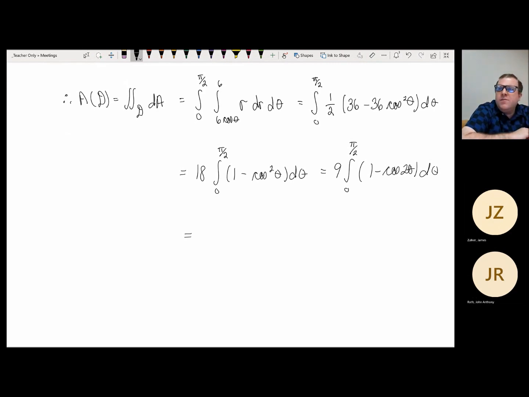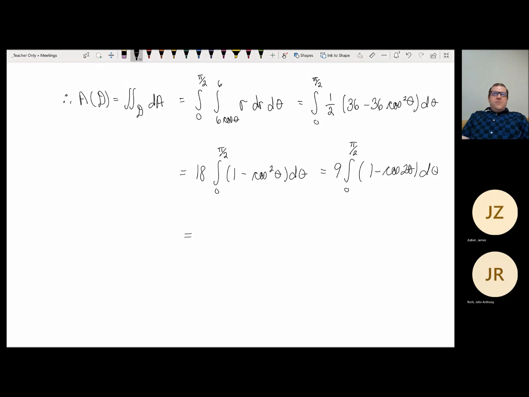What is the period of cosine of 2 theta? What's the period of cosine? Is that for cosine or cosine of 2 theta? Cosine.